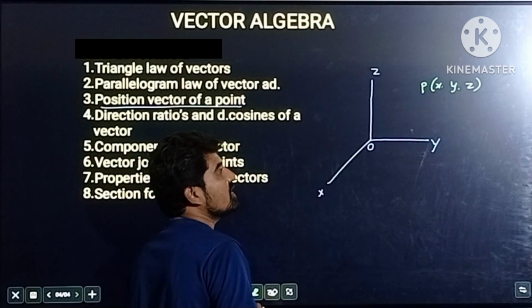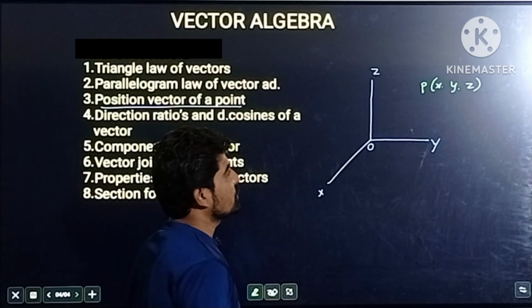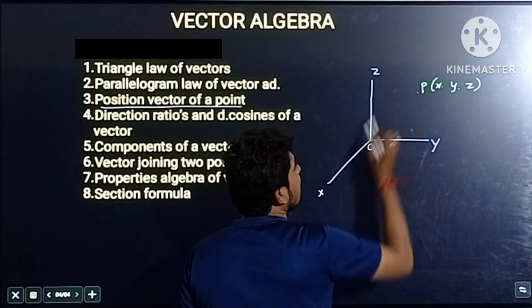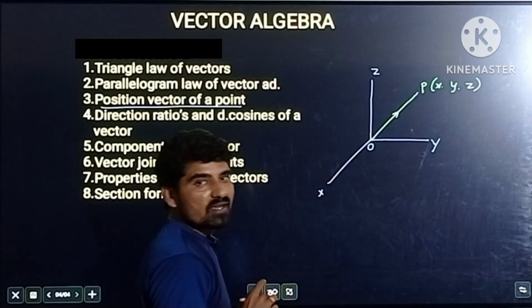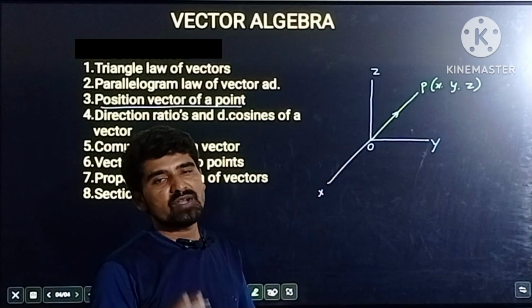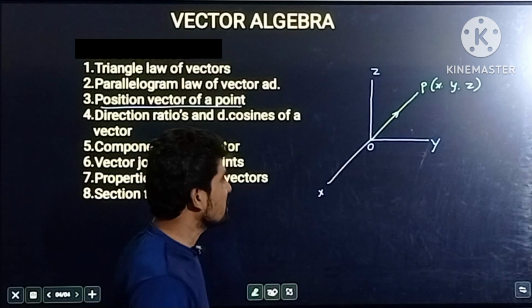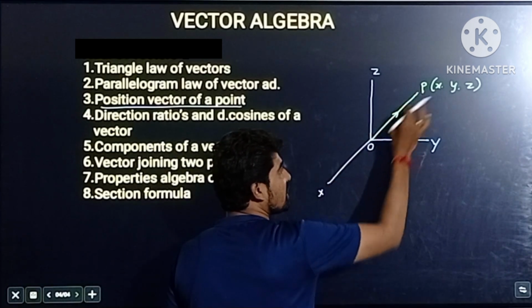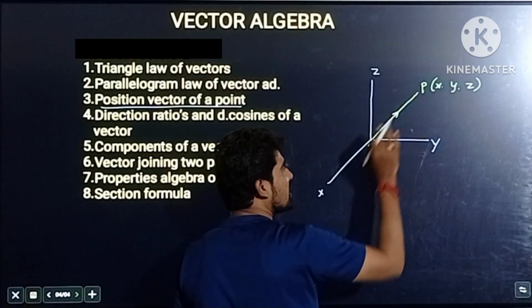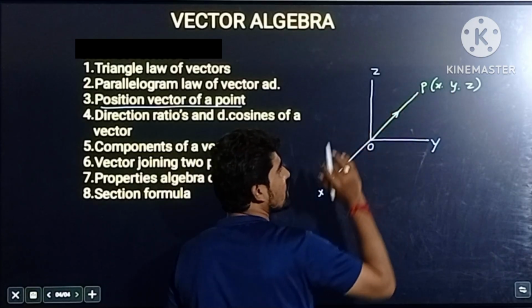The position vector of this point P is the OP vector. To say the position of any point, we need a fixed point. That fixed point in vectors we consider as the origin. So the position vector of the point P is the OP vector, where the initial point is O and the terminal point is P.